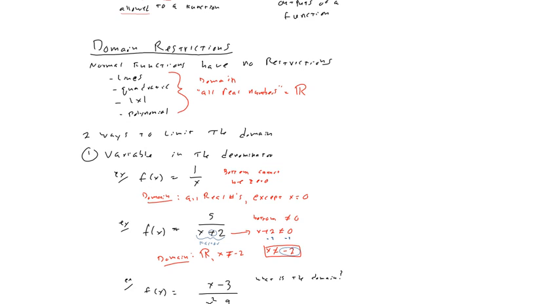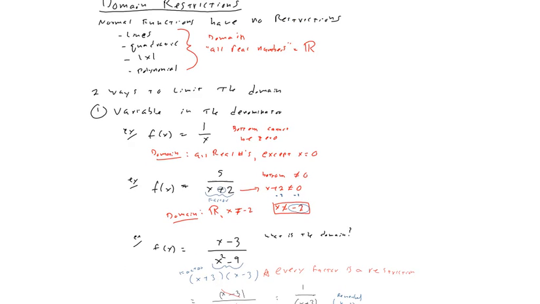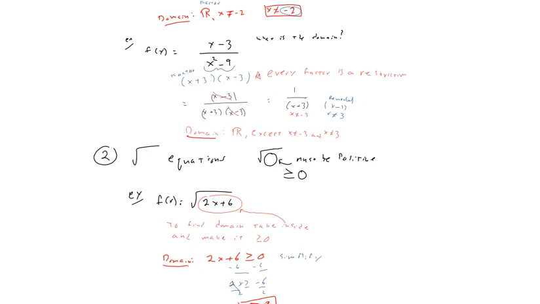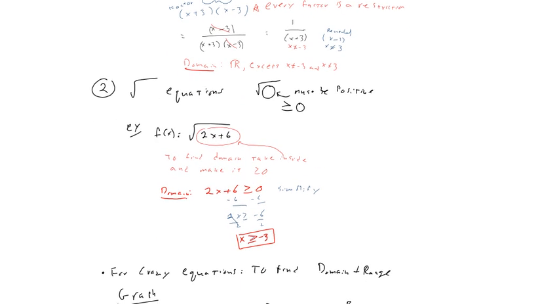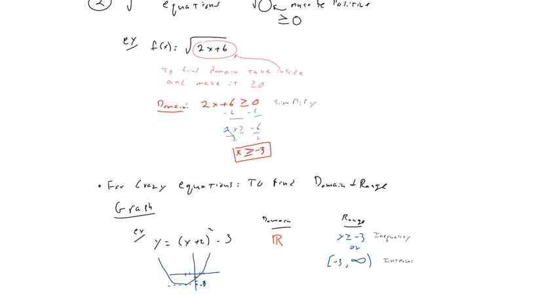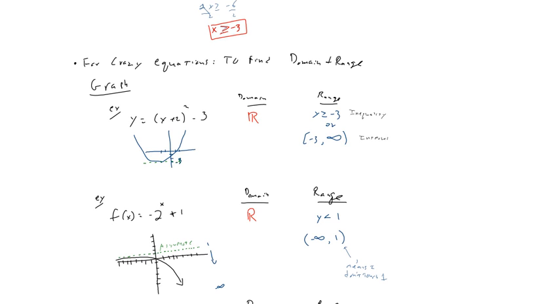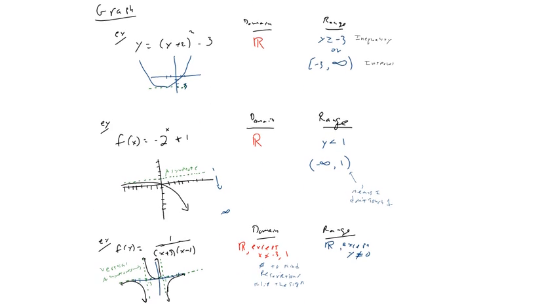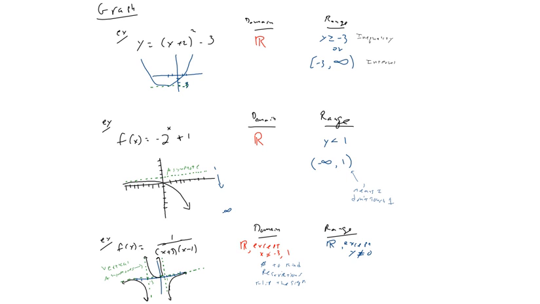For square roots, we have to have greater than or equal to 0, and then you solve that. For other weird equations, to find the domain and range, you want to graph them. That's really the best way to find the range of an equation. Just look at it and see. Desmos will be your very best friend for these equations. Okay.